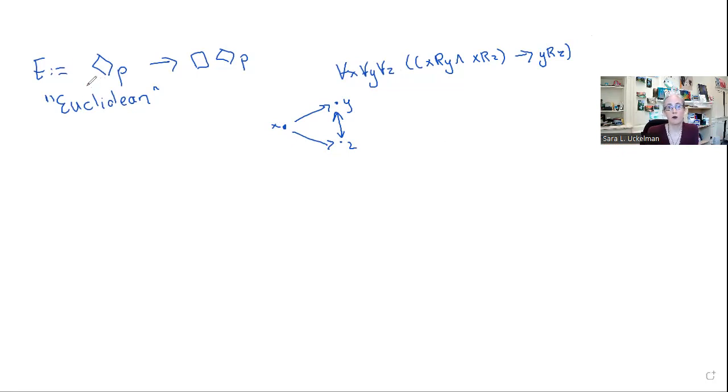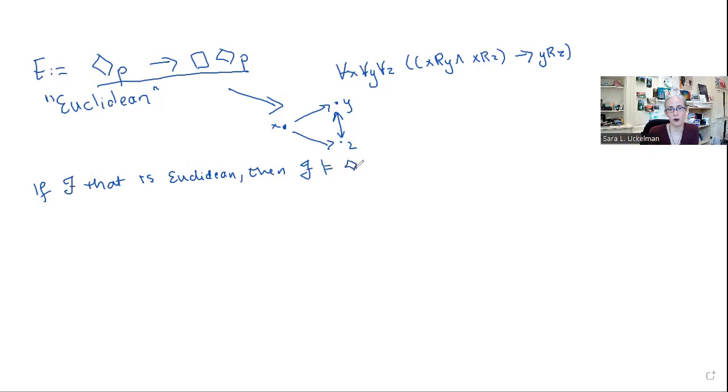So what we want to do is show that this axiom corresponds to this condition. This means that if we have a frame F that is Euclidean, so it satisfies this property, then axiom E is going to be valid on this frame.